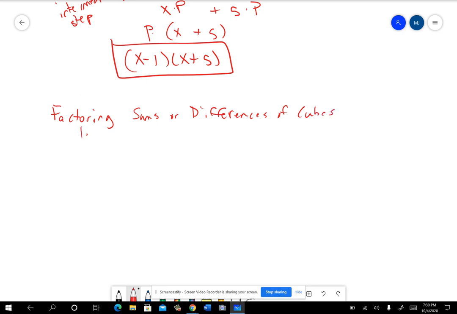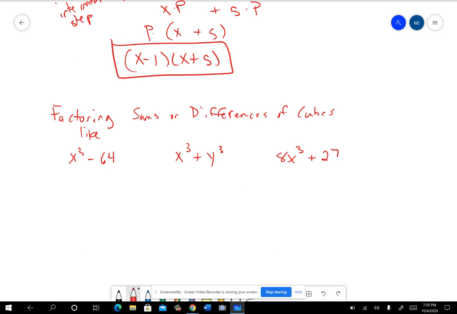And we'll do all of these, like x to the third minus 64. Both of those are perfect cubes. Or maybe x to the third plus y to the third, or maybe something like 8x to the third plus 27, okay? So we'll do 3 examples on that.